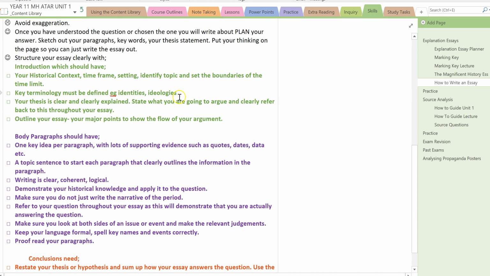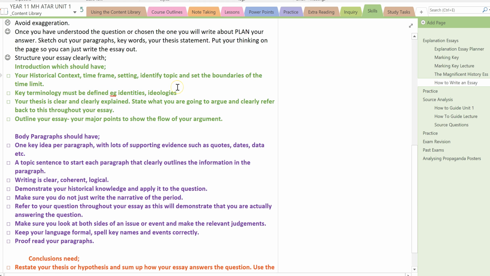If you've got any key definitions or people, you have got to define them. Okay, so usually you would do this after your thesis. It could be a main idea, it could be capitalism, it could be communism, it could be a key person that you're going to identify. In the inquiry, it's robber baron, it's captains of industry.